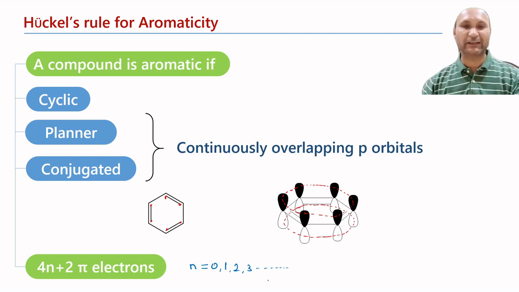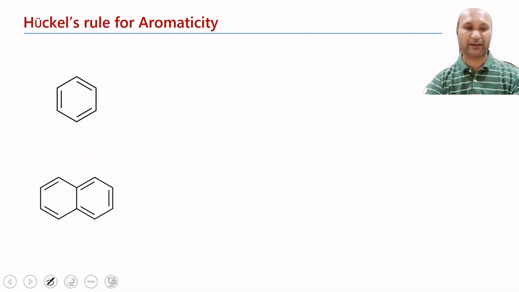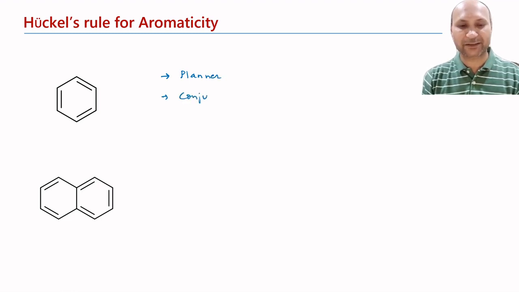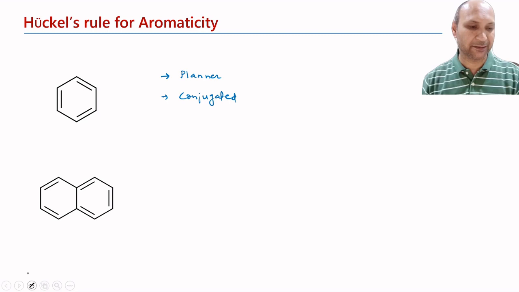So these are some of the criteria for aromaticity, and we can understand these with some examples. Let us take benzene as the first case. We have seen already that it is planar in nature and it is conjugated in nature. Obviously it is cyclic. And we have already seen the pi electrons of this compound.